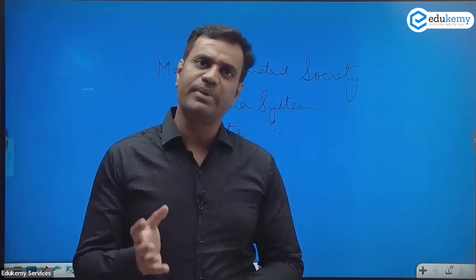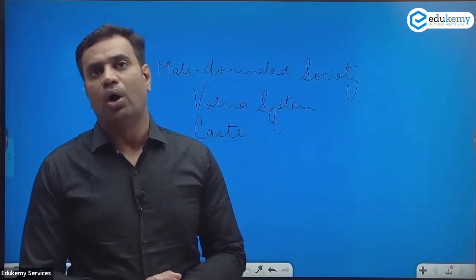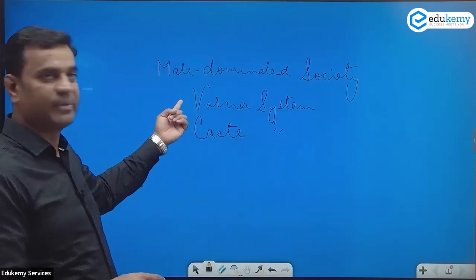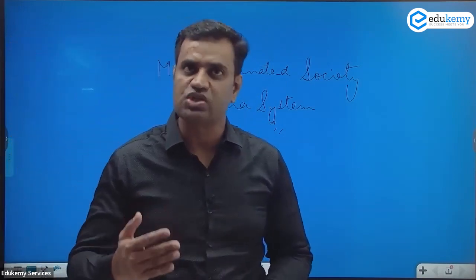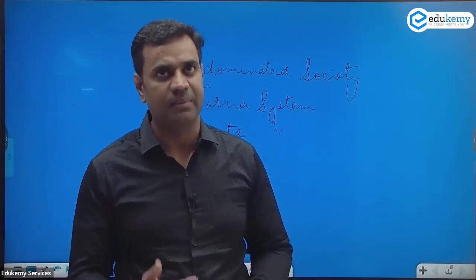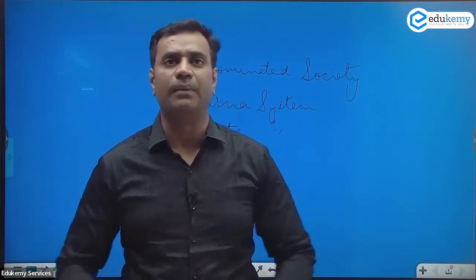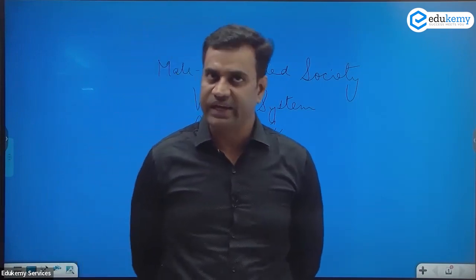So the caste system in course of time began to be based on occupation, the Varna system being based on birth, clear? And this caste system resulted in the proliferation of caste and subcaste or jati system, and till present times it has become the salient feature of Indian society.